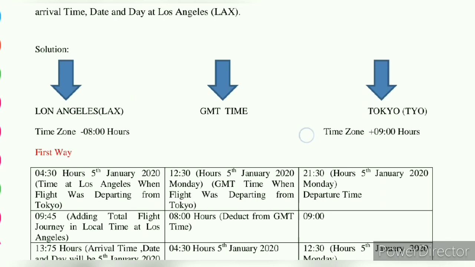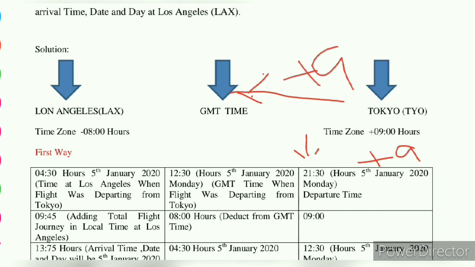When the flight is taking departure from Tokyo, the departure time is 21 hours 30 minutes and the time zone of Tokyo is plus 9 hours. So it means that Tokyo is 9 hours ahead of GMT. So when the time at Tokyo is 21 hours 30 minutes, the time at the GMT location will be less than the time of Tokyo.